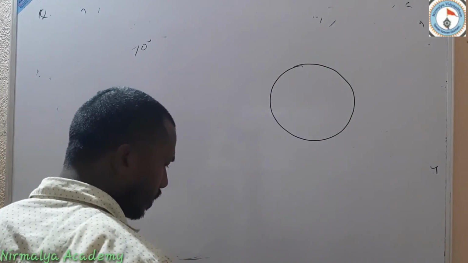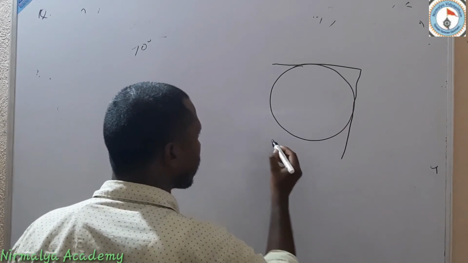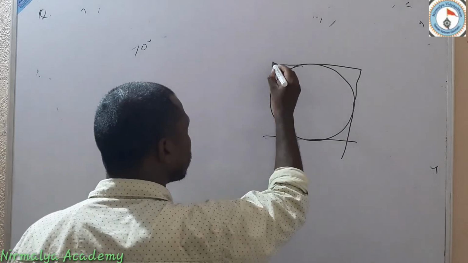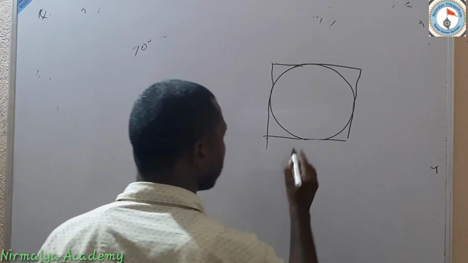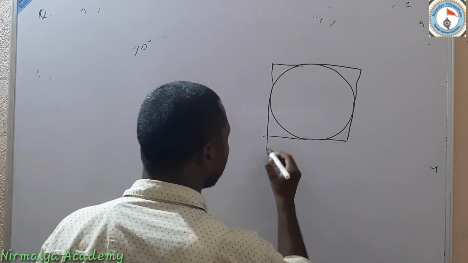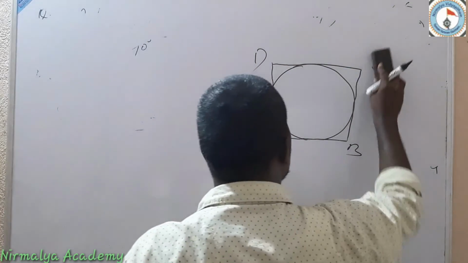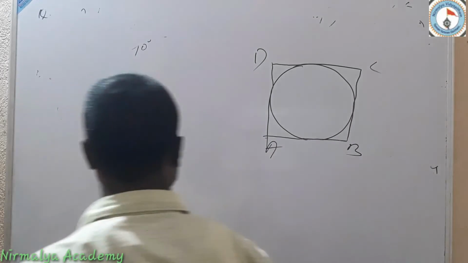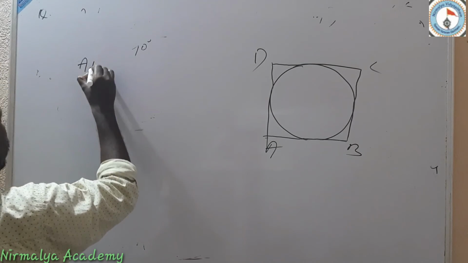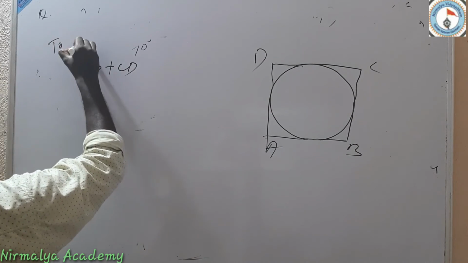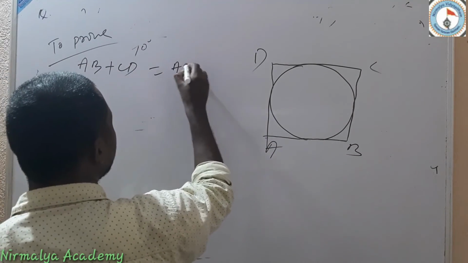This is the circle and this is the quadrilateral A, B, C, D. So the quadrilateral ABCD is drawn to circumscribe the circle, and we have to prove that AB plus CD equal AD plus BC.